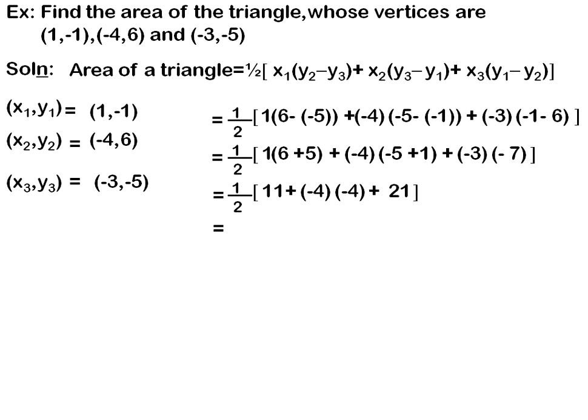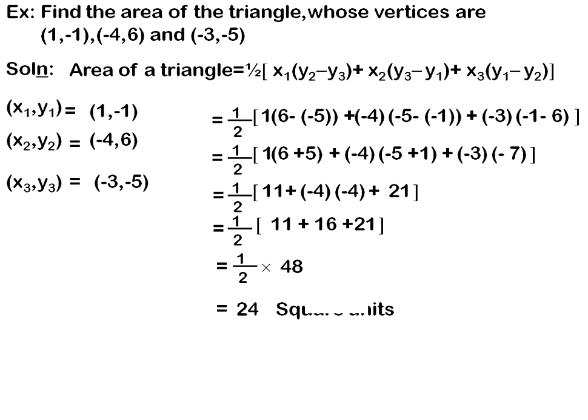Now again that is equal to half into the bracket 11 plus 16 plus 21, close the bracket. So add all these: 11 plus 16 is 27, 27 plus 21 is 48, half into 48. Half of 48 is nothing but 24 square units.